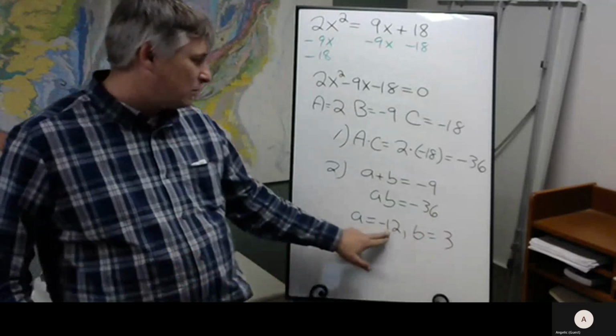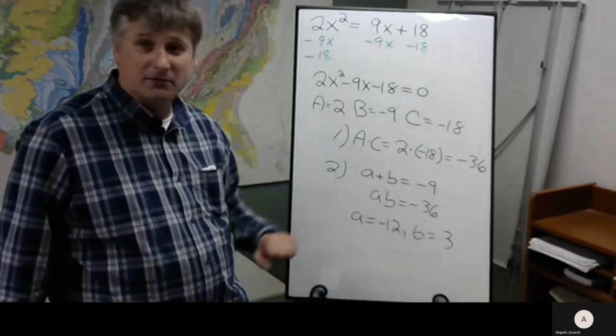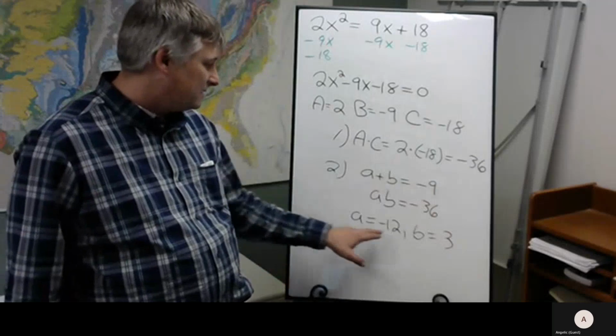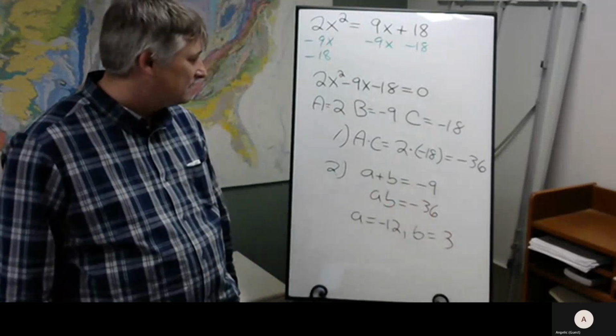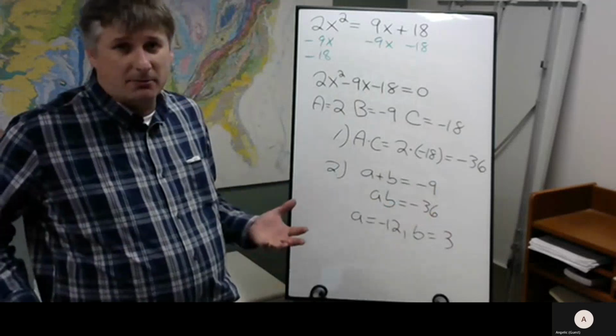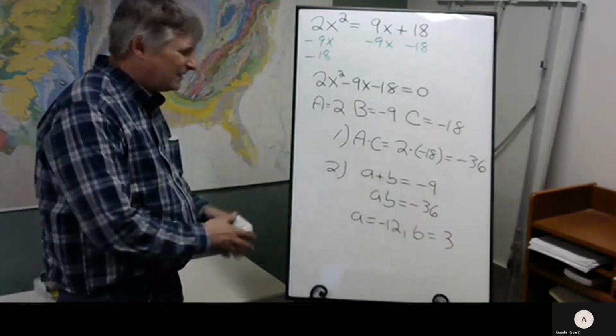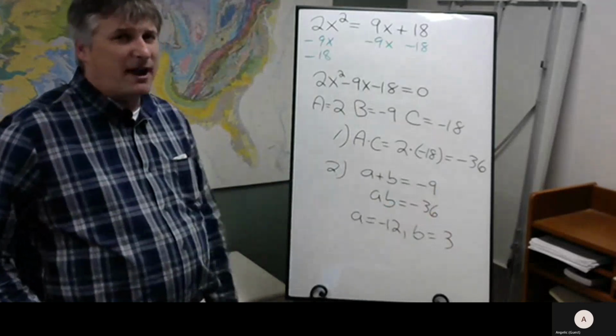So -12 plus 3 is -9. And -12 times 3 is -36. So we've done the first two steps. Now we're going to do the factor by grouping.